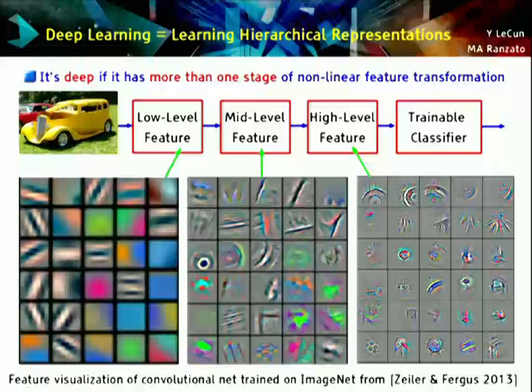Basically, those are like filters. Think of each pixel here as 3 values in RGB. Okay, and think of each of those squares here as a vector, which in this case has 7 by 7 by 3 values.